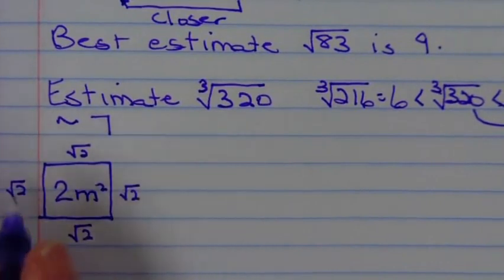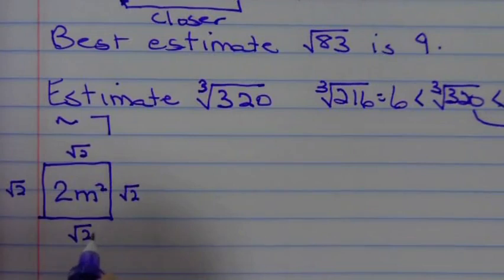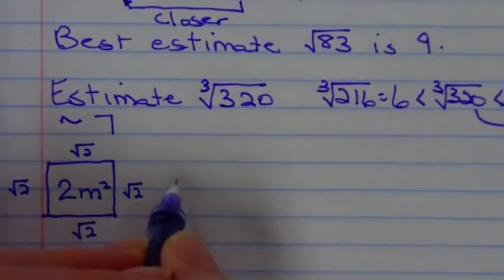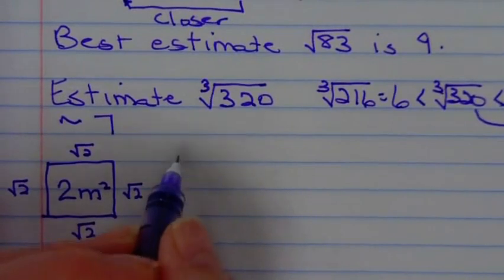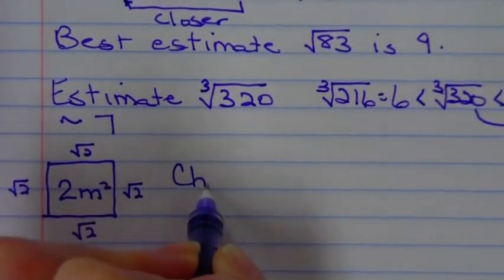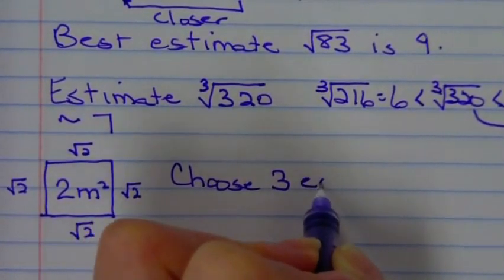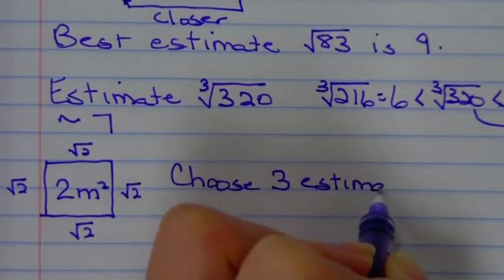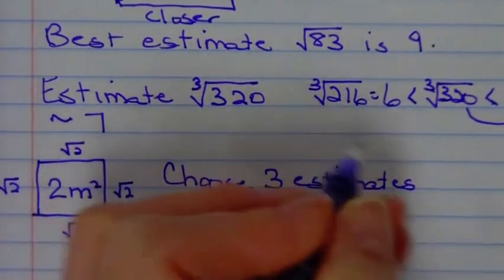We're going to go all the way around, so we need 4 sets of square root of 2 meters. What they're going to say is something to the effect of choose 3 estimates. And then calculate.